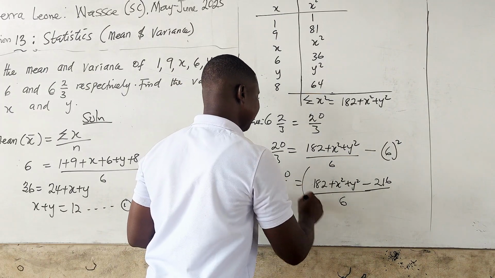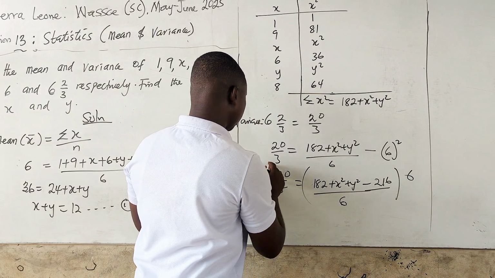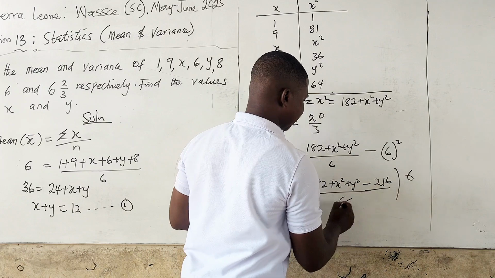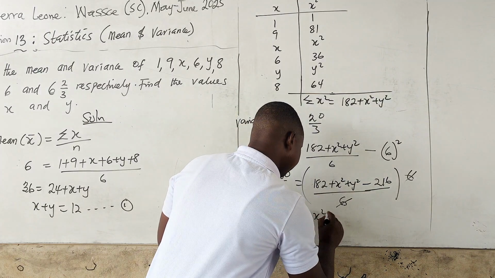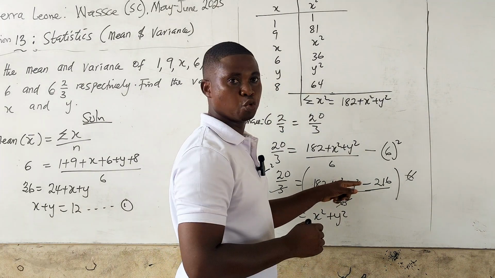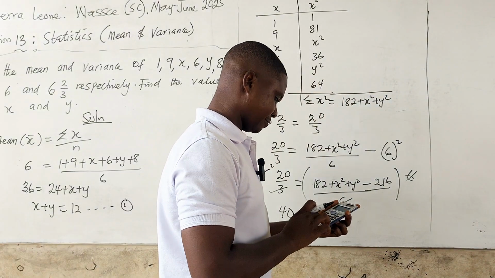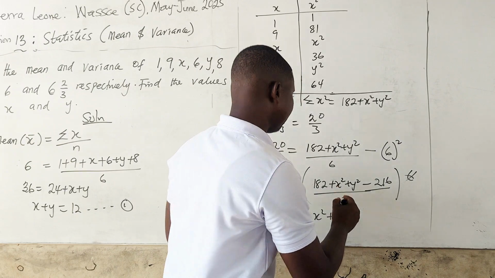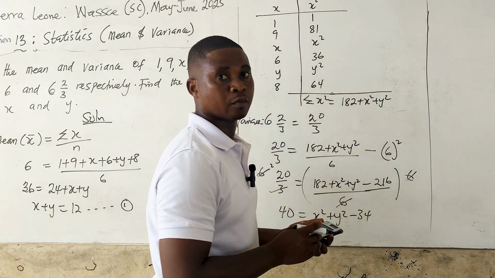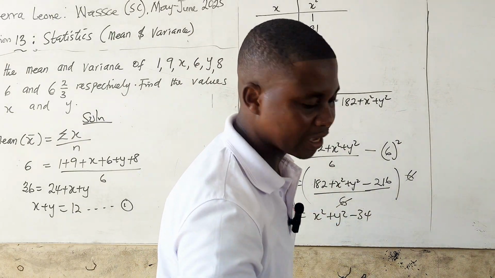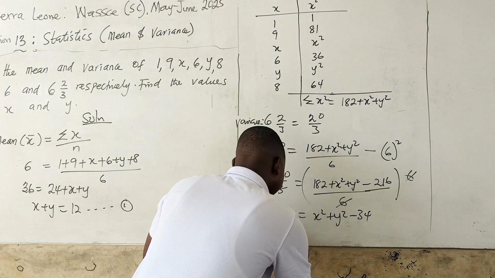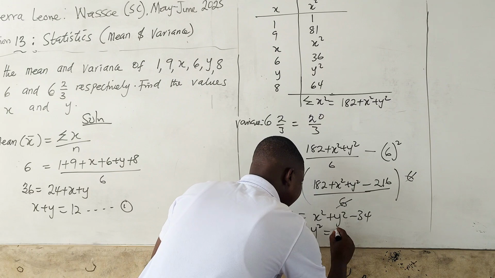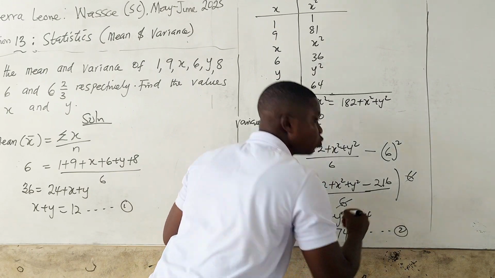So 2 times 40 is equal to x squared plus y squared, and 182 minus 216 will give me minus 34. So now this goes here. I'm going to have x squared plus y squared is equal to 74. And that's my equation 2.